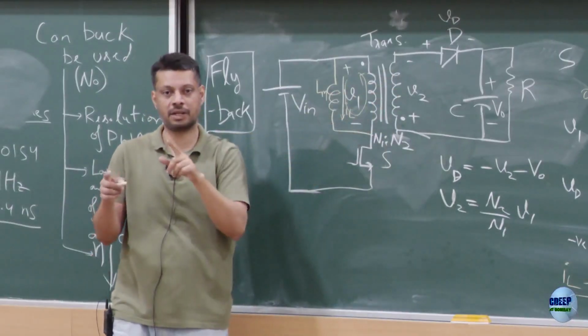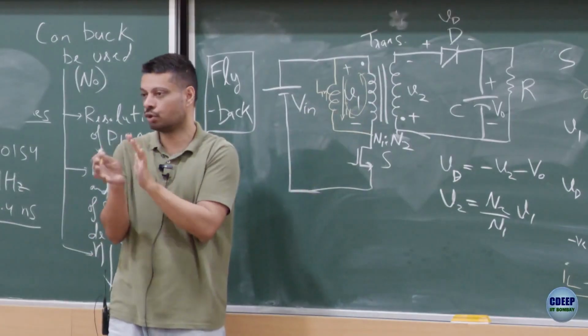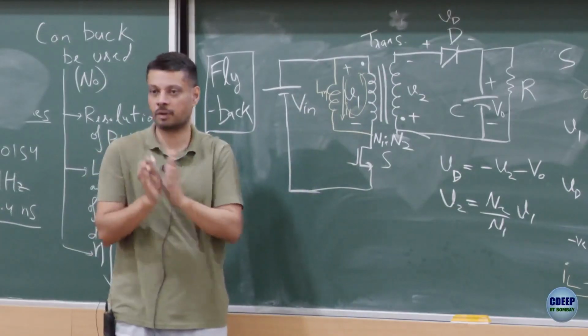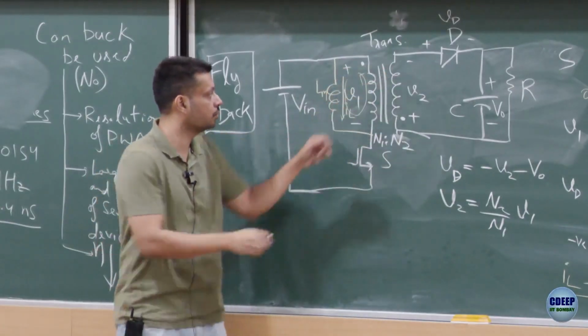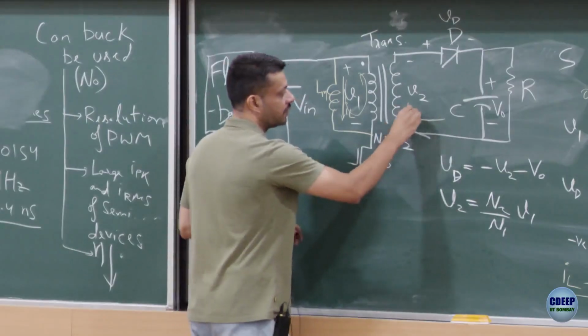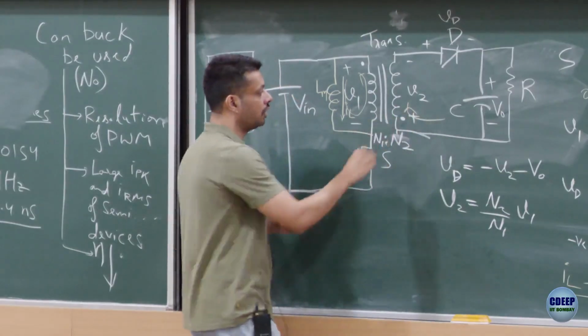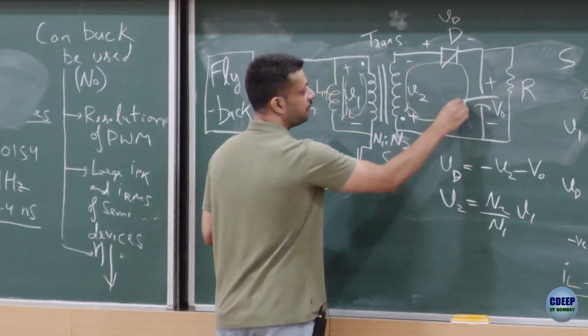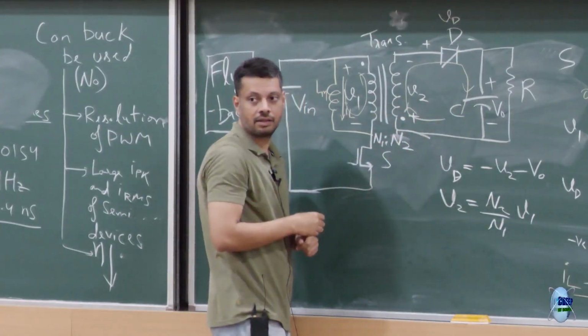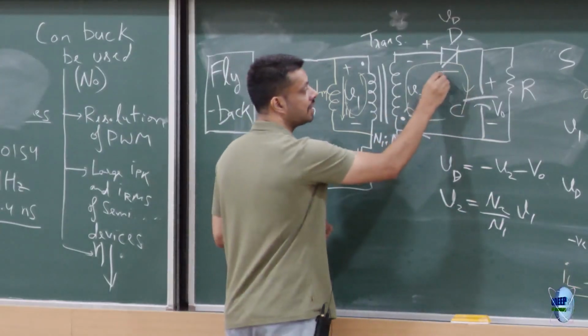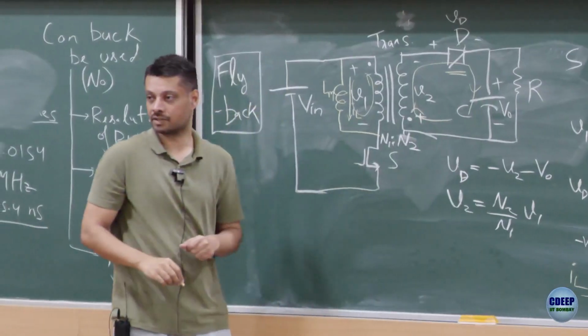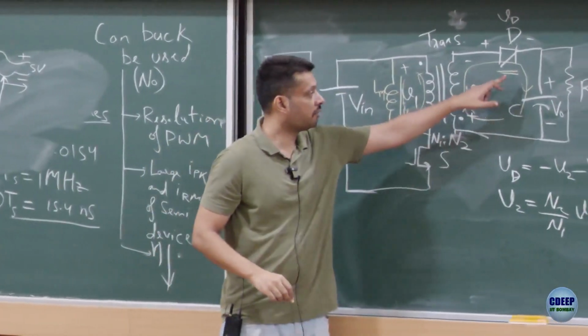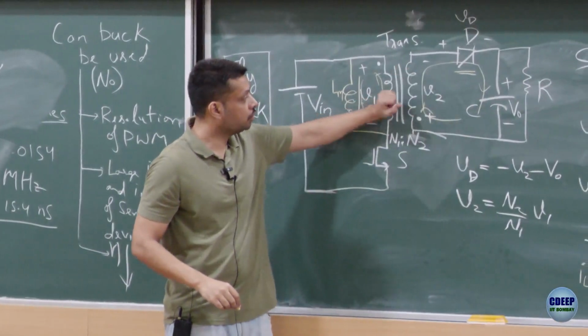Because in an ideal transformer, there is no energy storage, there is no loss, right? So input power is equal to output power. So if current is leaving this dot, current has to enter this dot. If current has to enter this dot, the way it can flow is like this, right? Therefore, this diode is now forward biased. If diode is forward biased, what is V2?